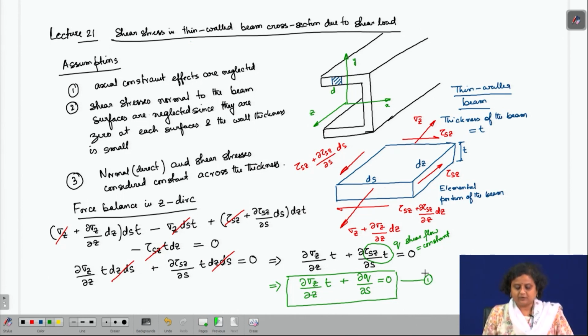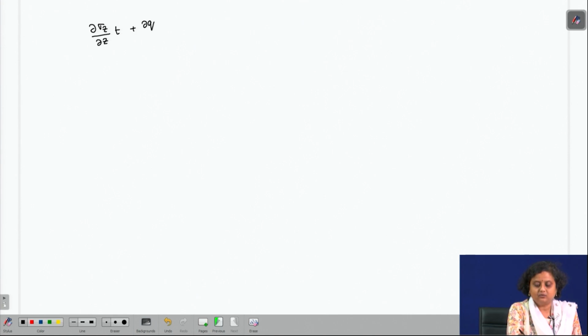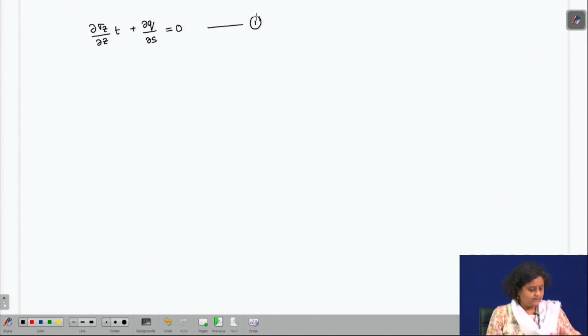So, from this expression, let us see how we can derive the shear stress. We have del sigma z by del z into T plus del q by del s is equal to 0. So, this is my equation 1. Now, let us see what we can do to this expression.